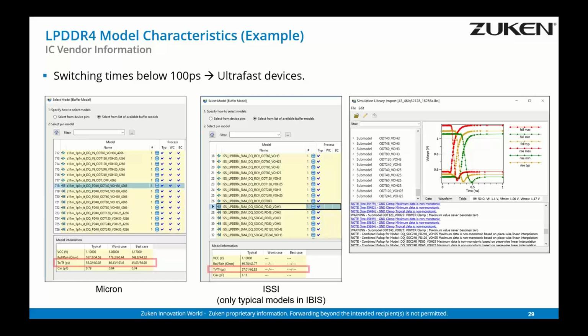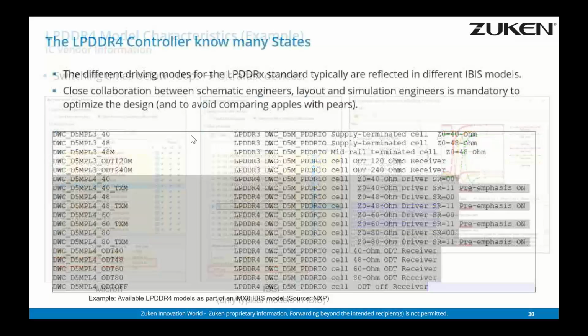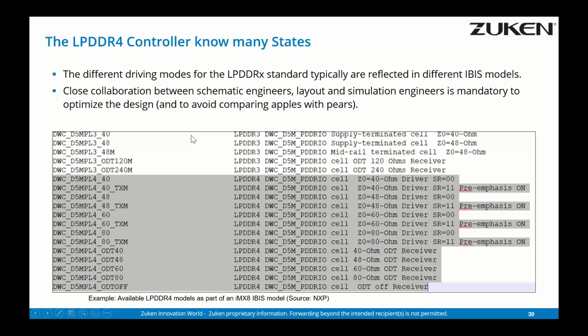And the IBIS models do reveal the switching times. Here, on the receiver side, ISSI is the second source in this case. We have switching behavior of the memories below 60 picoseconds. So that's fast. We are talking about ultra-fast silicon devices. That's what you have to take into account.